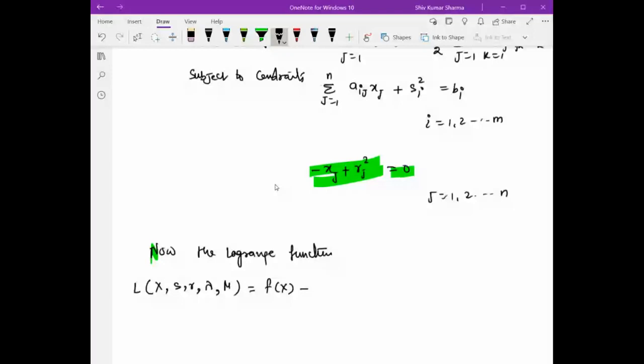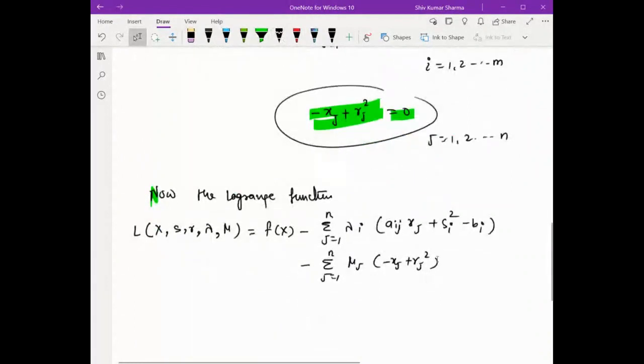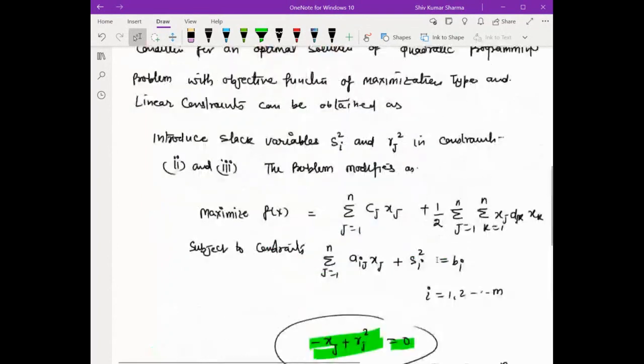We write it in this form, minus the summation j equal to 1 to n of mu j, and on the basis of this mu j we write minus xj plus rj square. So we make a Lagrange function on the basis of the constraint and the decision variable.